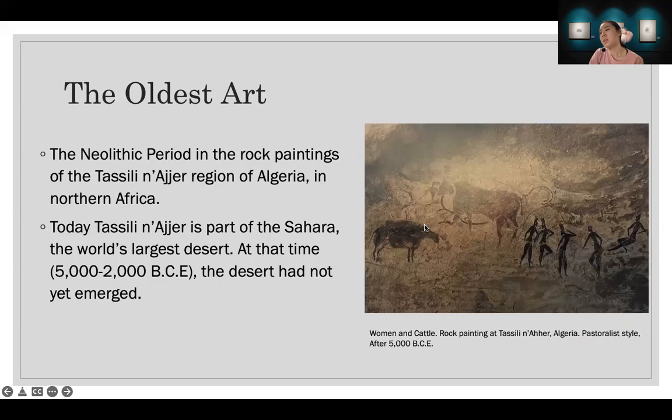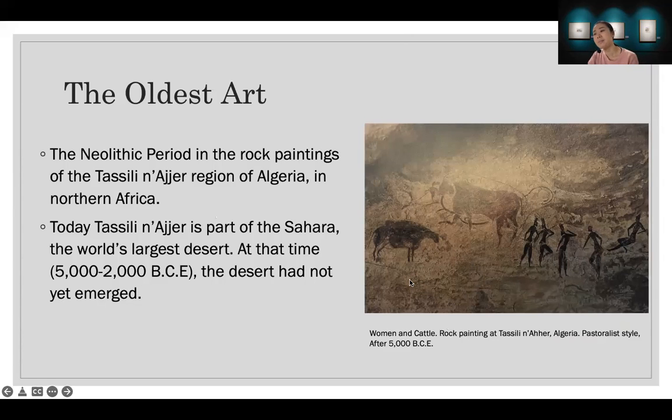And this is the oldest painting. It shows daily life of the Neolithic period in the rock paintings of the Tassili n'Ajjer in Algeria in northern Africa. Today, Tassili n'Ajjer is part of the Sahara, the world's largest desert.